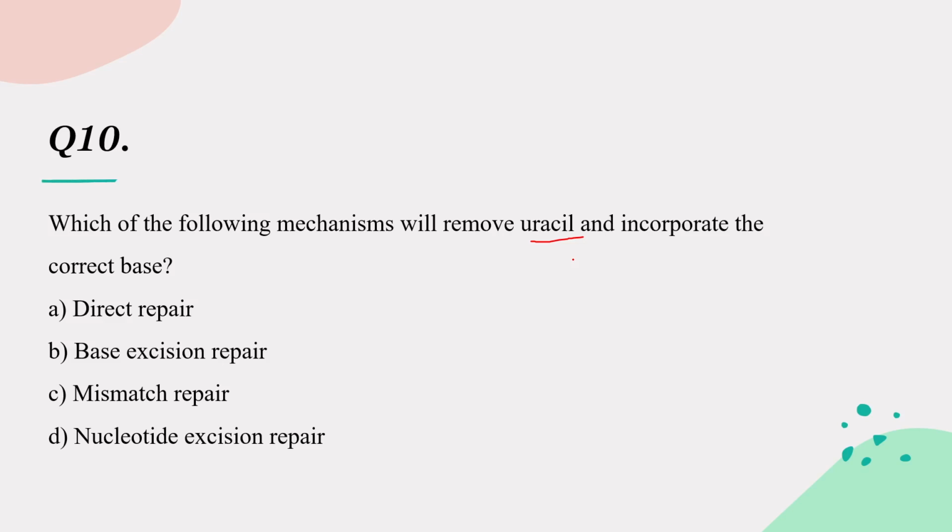Direct repair, base excision repair, mismatch repair, or nucleotide excision repair? Please try to answer. I think everyone is getting the hang of what we are talking about: what DNA damage is, how it happens, and how the repair mechanism works. So just try to answer. We'll discuss.